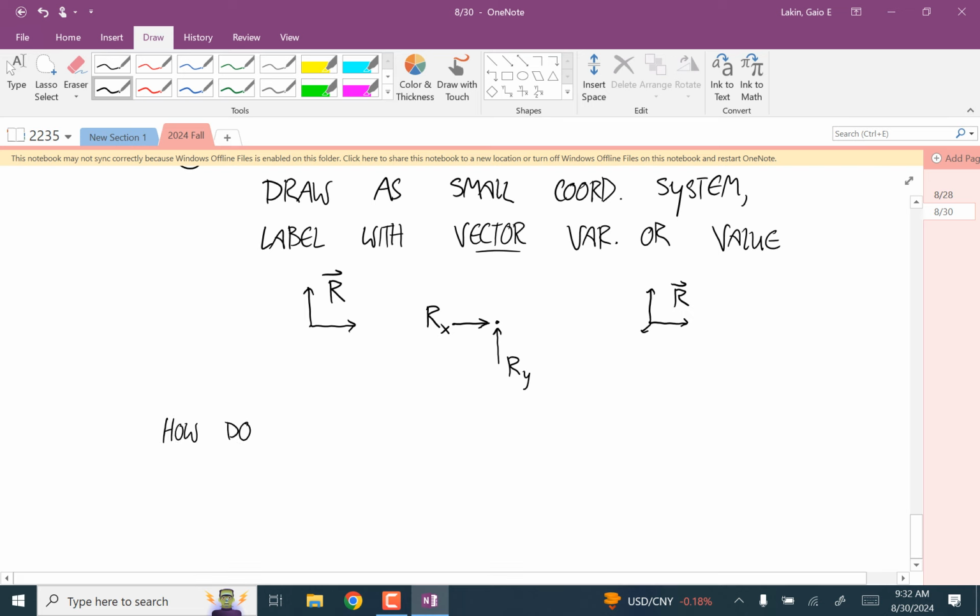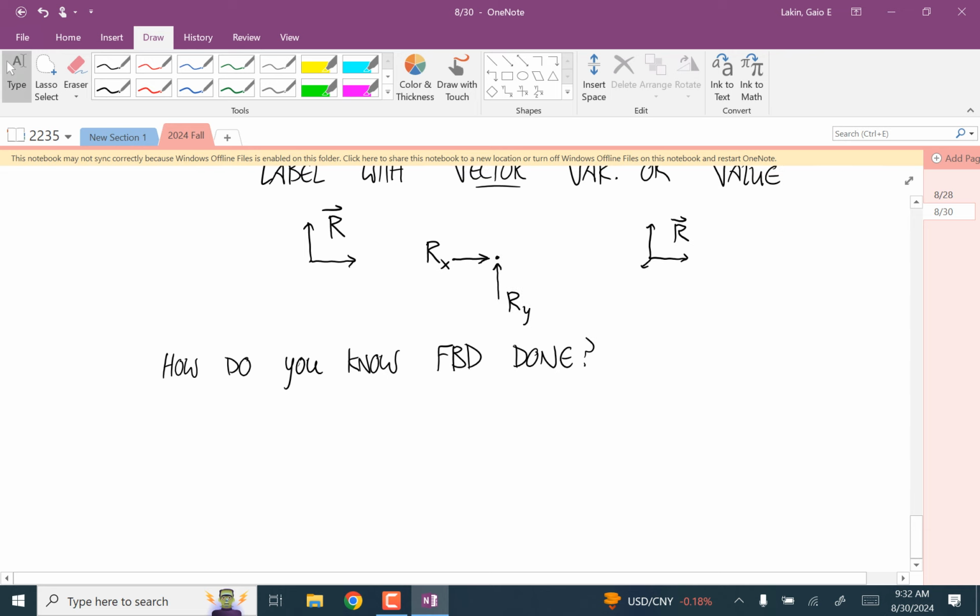How do you know when your free body diagram is complete? So first, it has to have the weight of the object in it, and any other field forces.